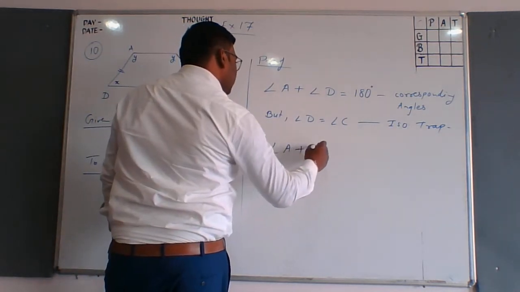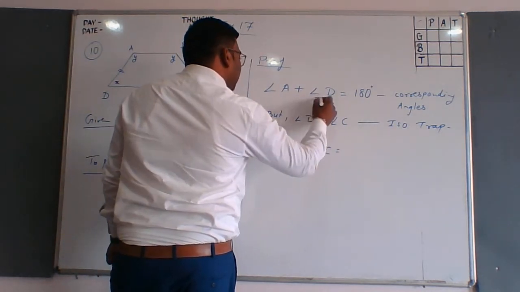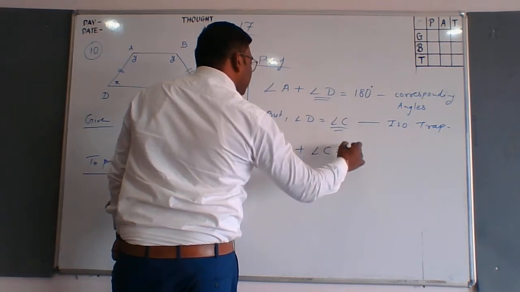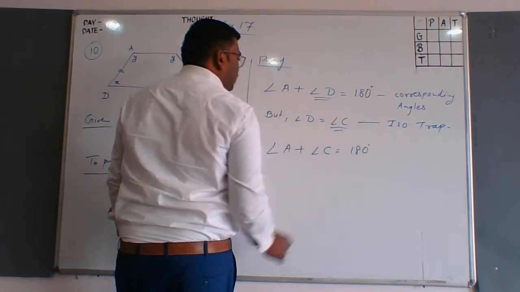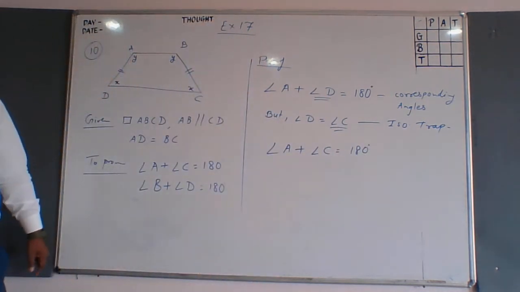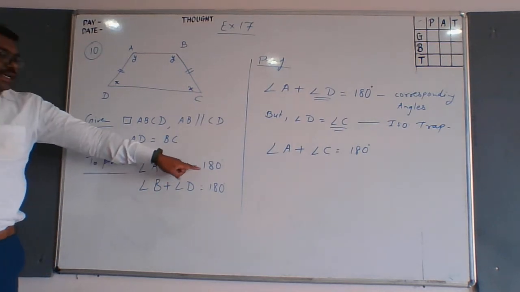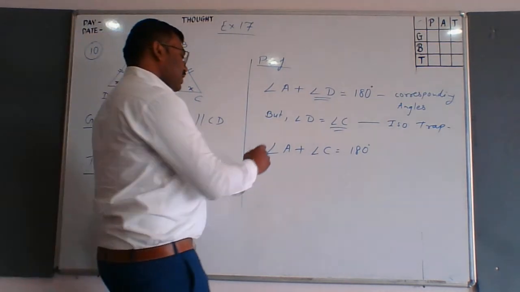Angle D is replaced by angle C. So therefore what we get? Angle A plus angle C is 180 degrees. The first part is proved.